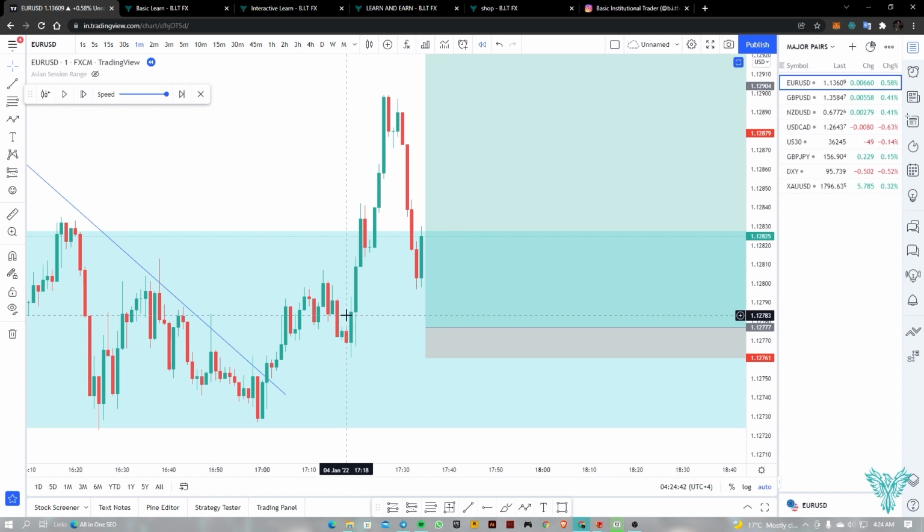What hasn't been mitigated is this order block right here. If the market crosses this, it doesn't make sense for the market makers to come all the way down here, because even this red candle has been mitigated by this wick. Everything has been mitigated other than this red candle.